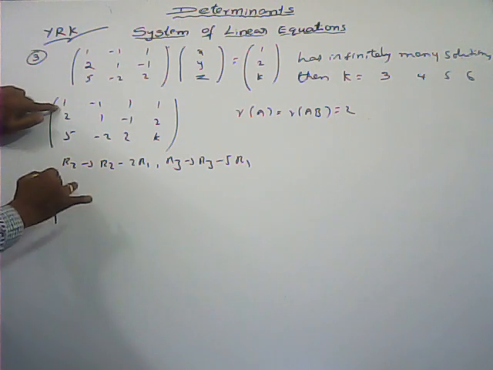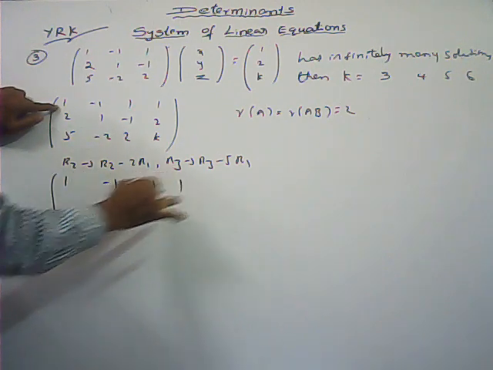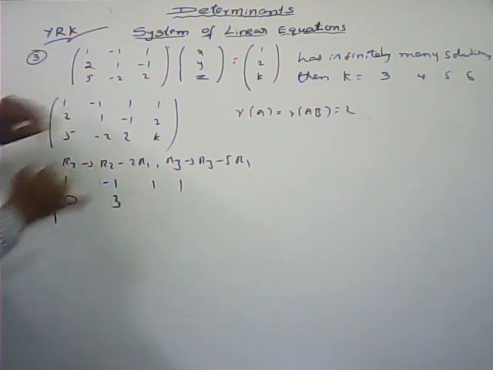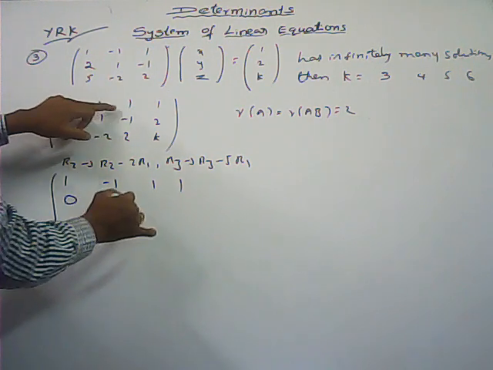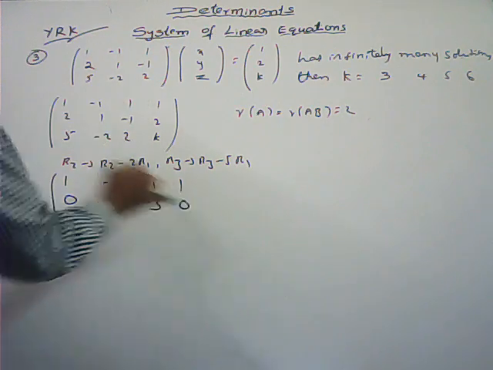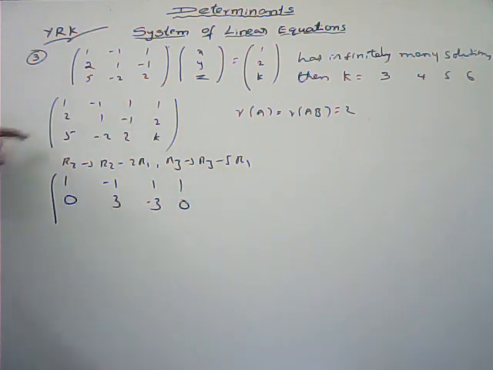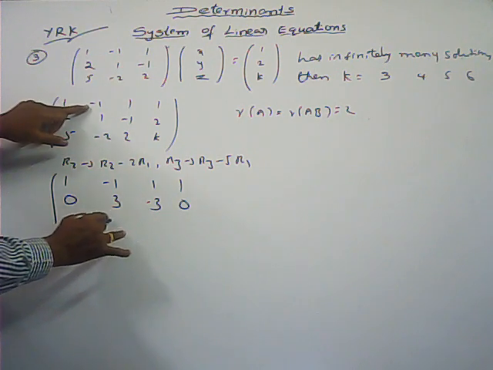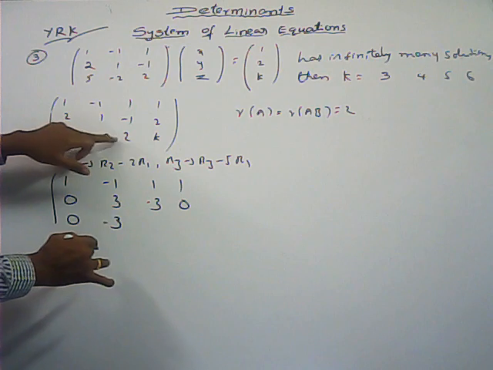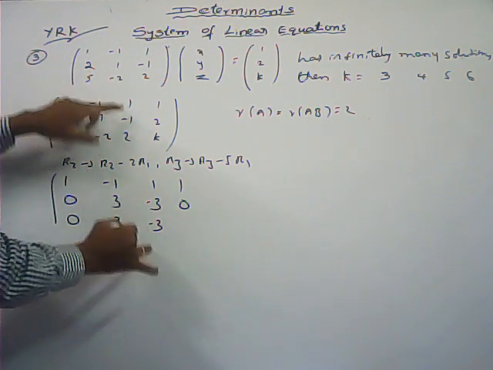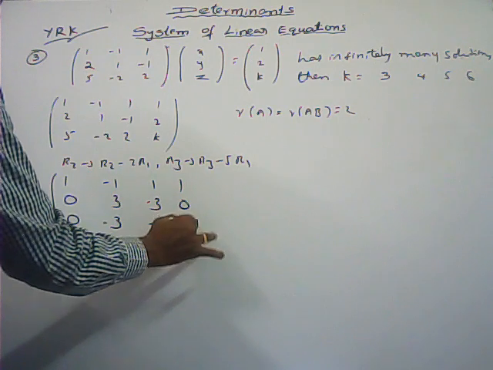R2 − 2R1: −1, 1, 1; 2 − 2 = 0, 1 + 2 = 3, −1 − 2 = −3. Then 5 − 5 = 0, −2 + 5 = 3, 2 − 5 = −3, and k − 5.